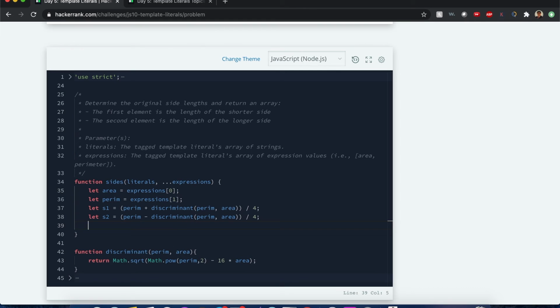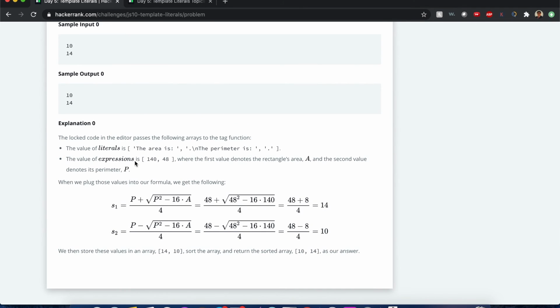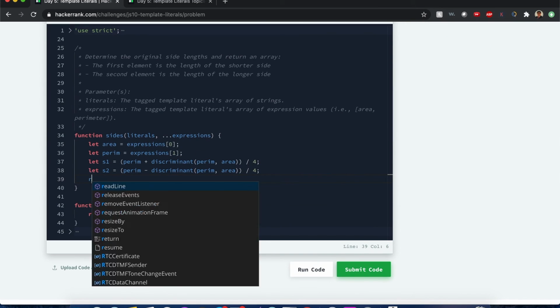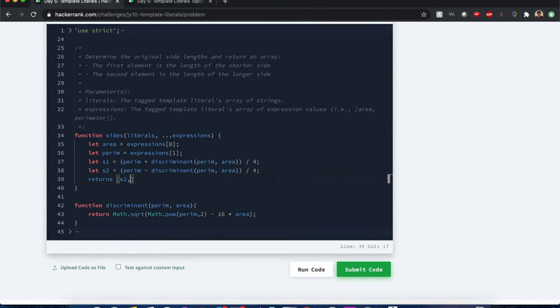Since I know this value is going to be smaller than S1, and I want to return this in ascending order, let me just check that. Yep, ascending order. So I'll return S2, then S1, because the perimeter is going to be subtracted by whatever the discriminant value is.